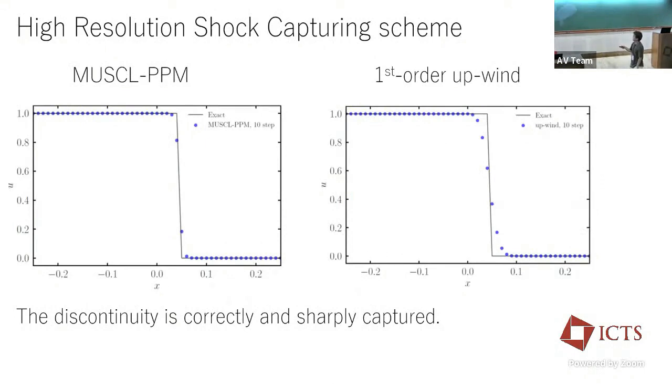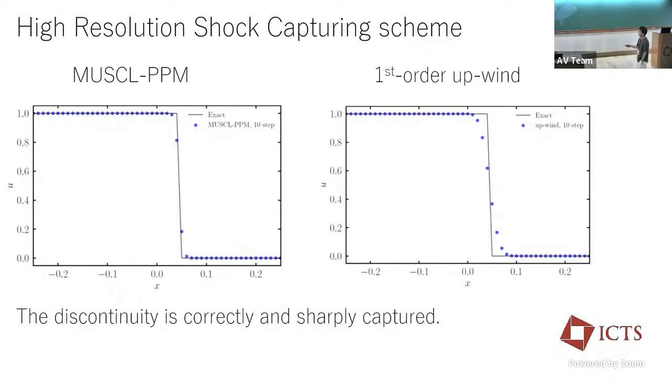And here is the exact solution again in black curves, and the blue dot curve is the MUSCL PPM reconstruction scheme. The right-hand side is the reference for the first order upwind scheme.